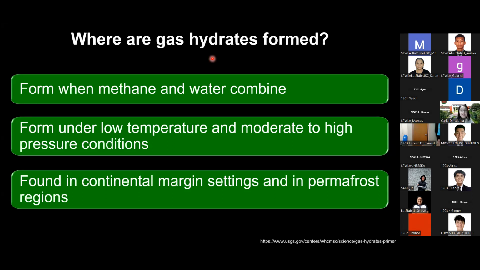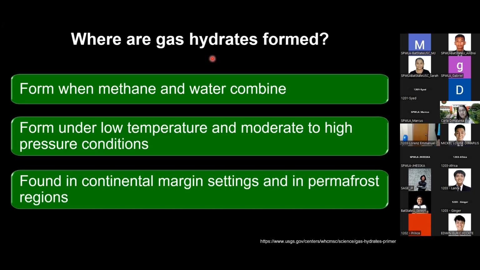Most studies indicate that the requirement to form gas hydrates is low temperature, but moderate to high pressure conditions. And the moderate to high pressure conditions, we satisfy this when we go to relatively deeper depths in the offshore areas, for example. The more common occurrences of gas hydrates are typically in permafrost regions.